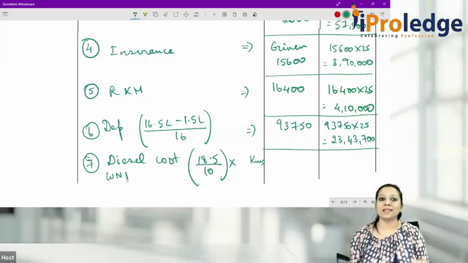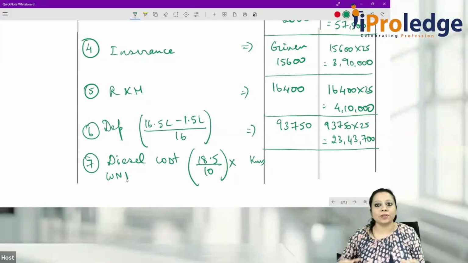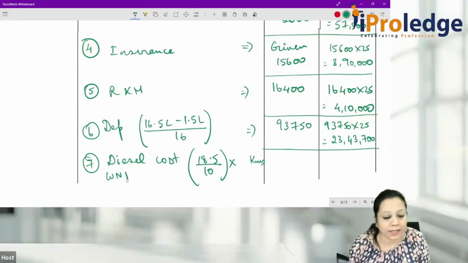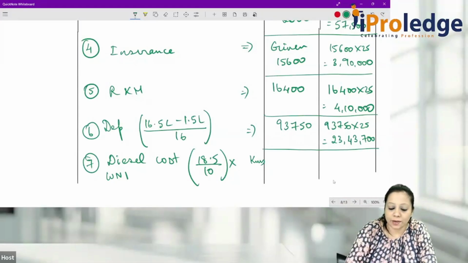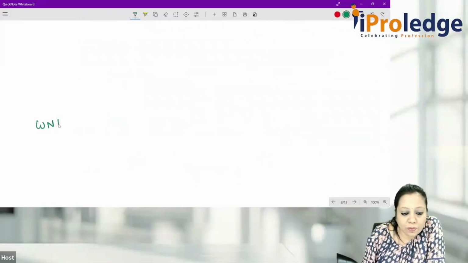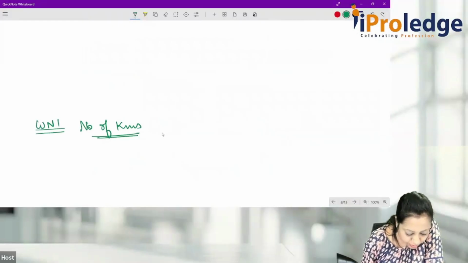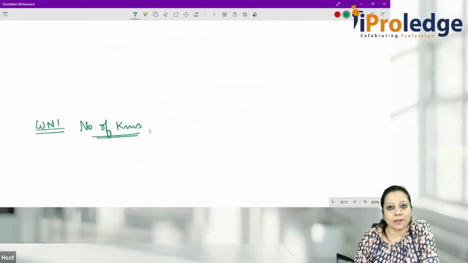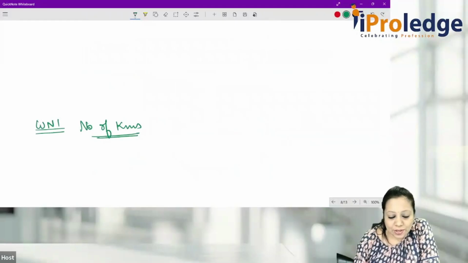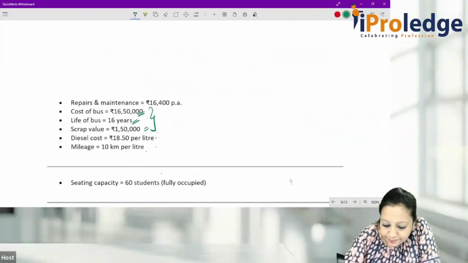Always, I've told you in costing, our main answer will be in the front, working notes will be at the end. So you leave some sufficient gap and then go for the working note. So now I'll go below and do the working note and then come up again. It's going to be working note number 1, number of kilometers. You can do it directly there also, but let me show you where it is.